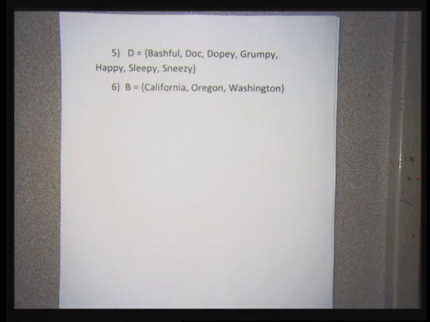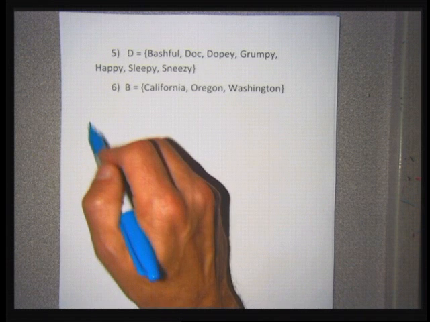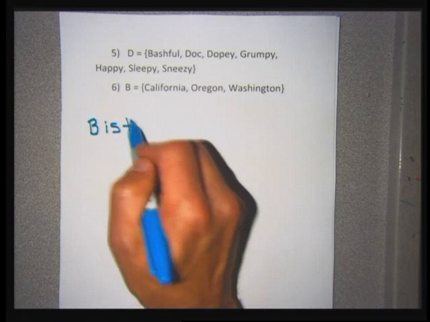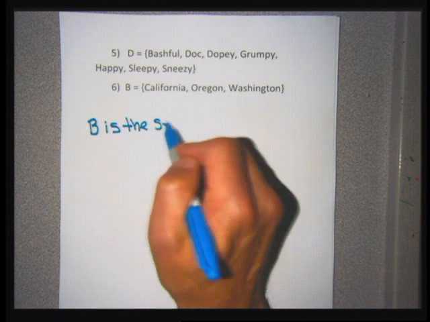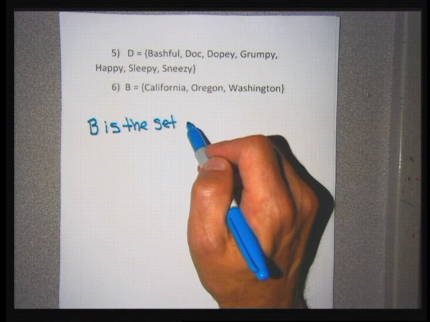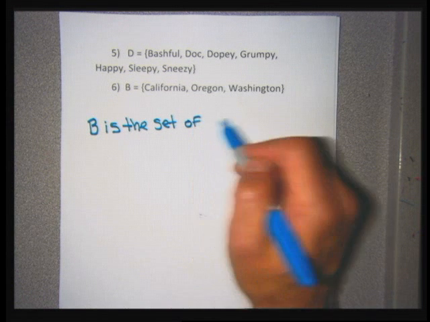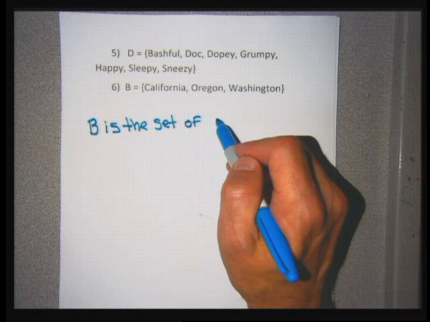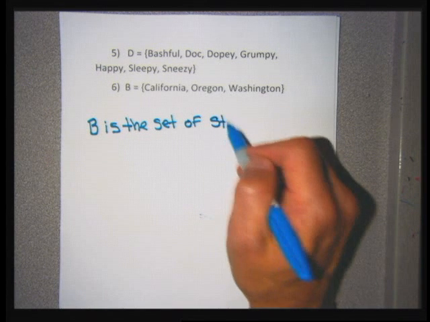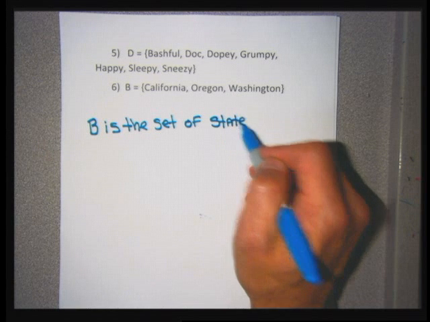And so I need to write something that describes California, Oregon, and Washington. And how about if I do something like this? B is the set. Now spelling comes up. Set of states south of Canada. I was going to use the word continental, but I don't think I could spell that.